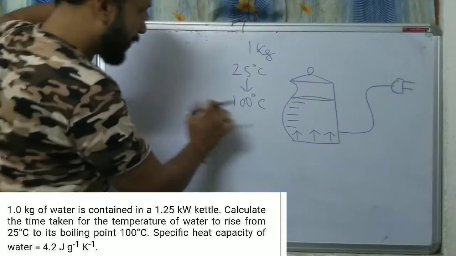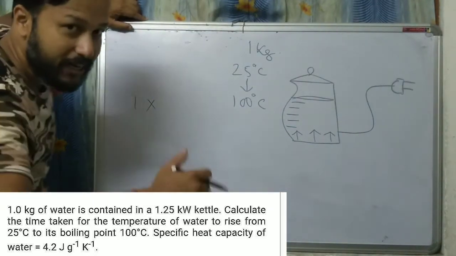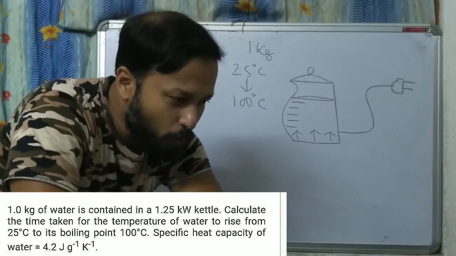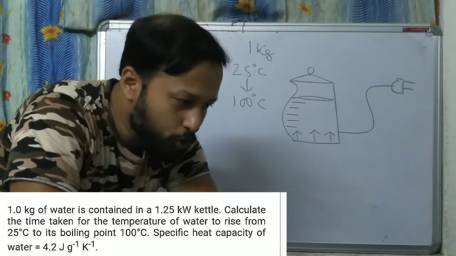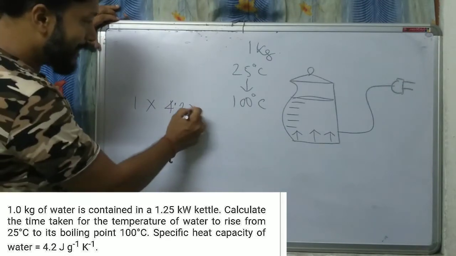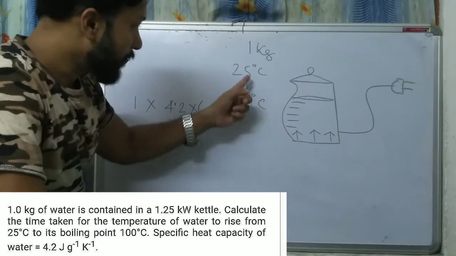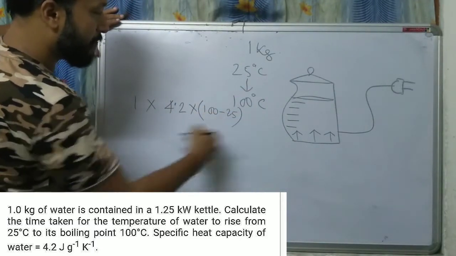We have to give 1 kg into specific heat capacity of water. Is it given? Yes, it is given, 4.2 joule per gram per Kelvin. So, into 4.2 into the change in temperature, 25 to 100, that is 100 minus 25.